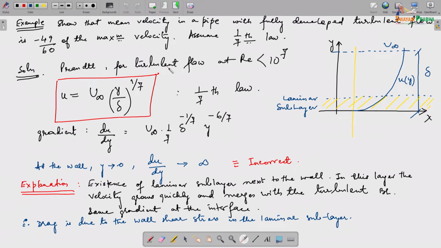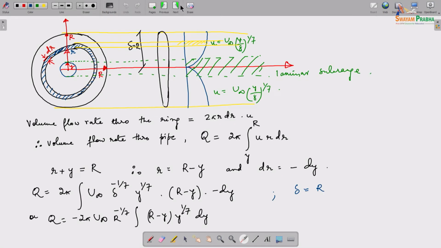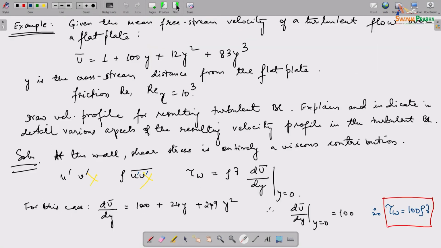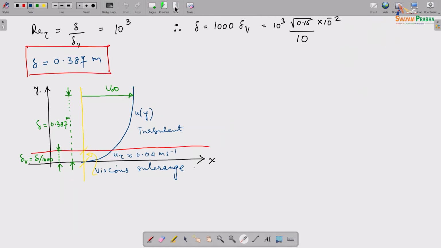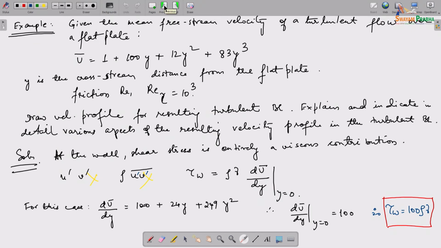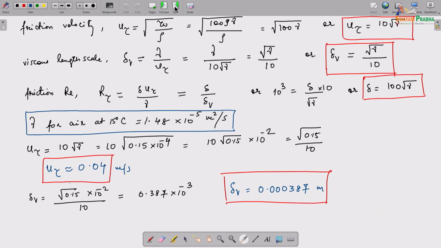So one could use Prandtl's 1/7 law here in the turbulent zone, and that could be the curve.